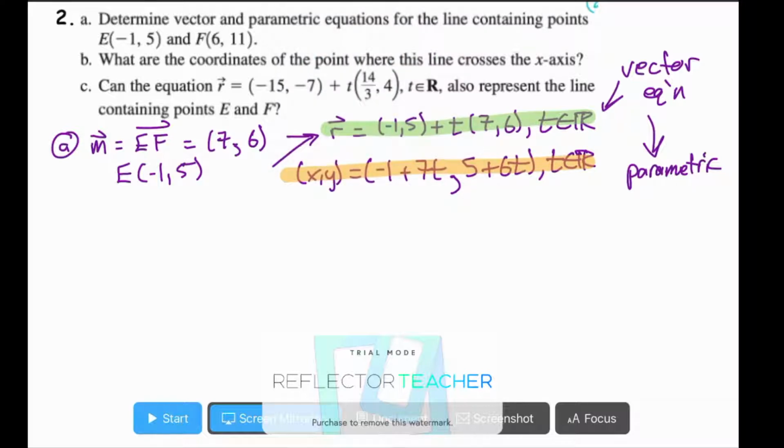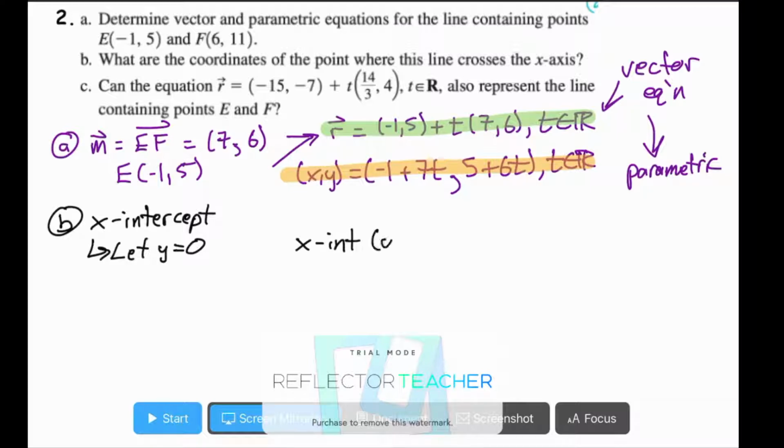Let's take a look at what we need to do for B. B says, what are the coordinates of the point where this line crosses the x-axis? So in other words, what is the x-intercept? And as you may recall from previous knowledge, at the x-intercept, we let y equal 0. Anytime I'm going to find the x-intercept, I just write y equals 0 beside it, as a quick reminder.